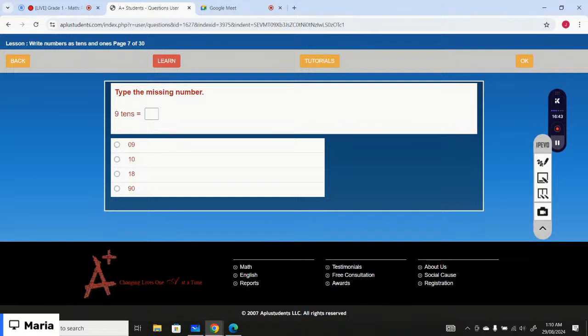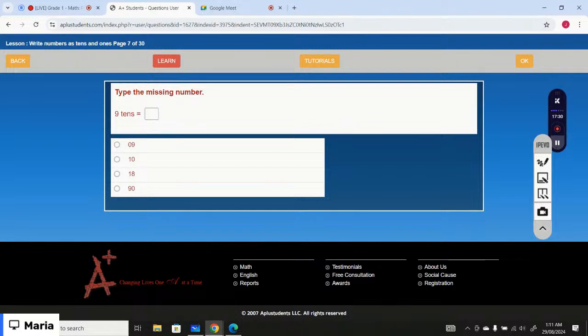Type the missing number: 9 tens. So which is the correct option? Again, you are not given the digit at the ones position.